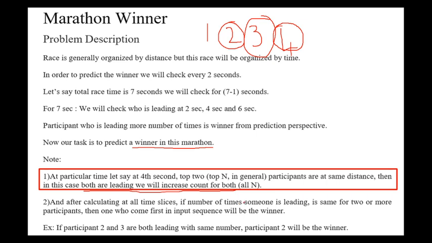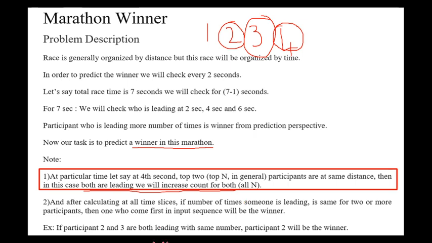So if you notice that many participants are leading, then increase the leading count for all of them. If you remember, in the previous problem, during the 12th second, A and B were both on the same line. At that point, I told you, if both are at the same line, increase the count for both of them.